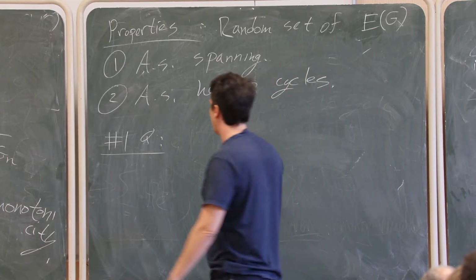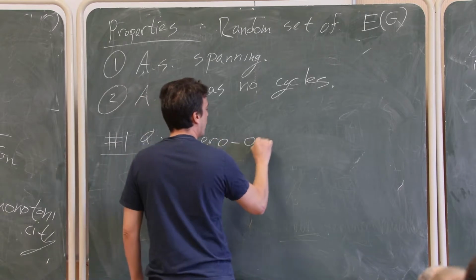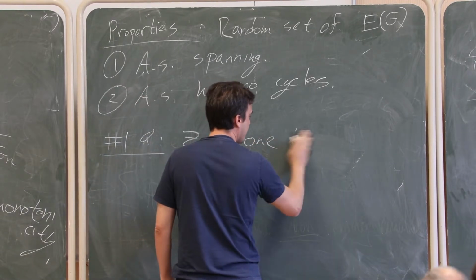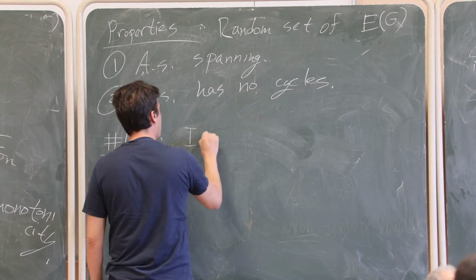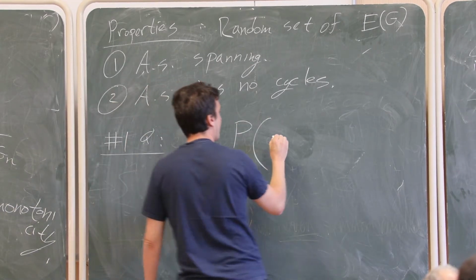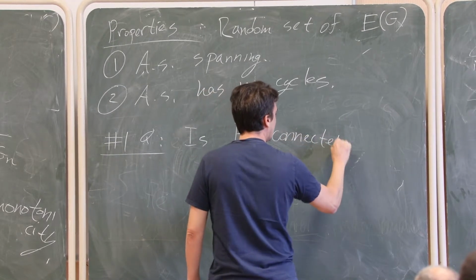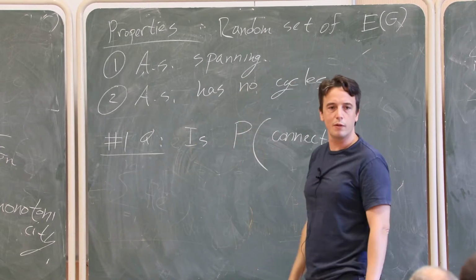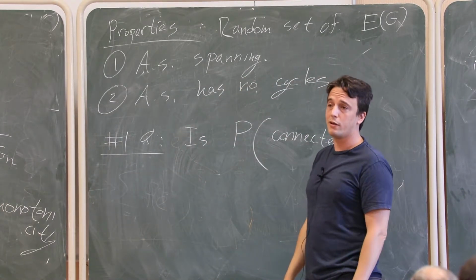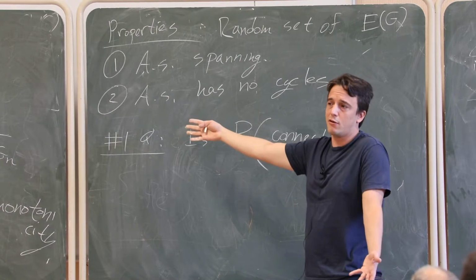So number one question is the 0-1 law. Let's just write it even without the terminology: is the probability that it is connected 0 or 1? And let's even give this limit a name. I'm not going to call this limit the uniform spanning tree of G because it's not necessarily a tree.